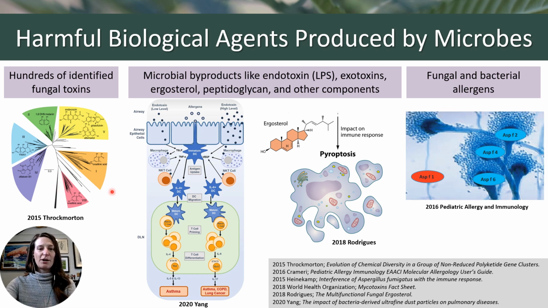There's also other parts of microbes, these microbial byproducts like endotoxin or LPS, lipopolysaccharide, exotoxins, ergosterol, peptidoglycan, and other components. These are kind of the structural elements of different microorganisms. It's their byproducts, and they also can elicit all sorts of immune responses. Your immune system has evolved to recognize these microorganisms. And this diagram by Yang in 2020 shows some of these endotoxins or LPS and allergens, which I'll talk about in a second, interacting with lung cells.